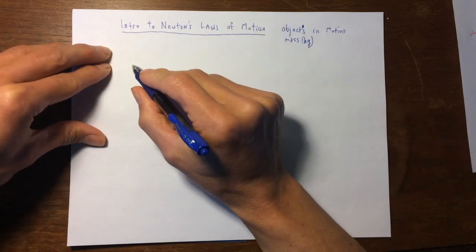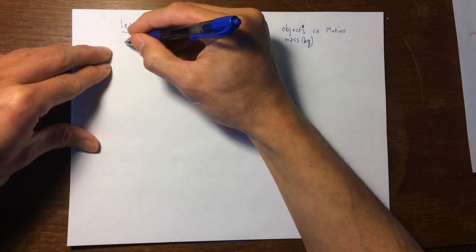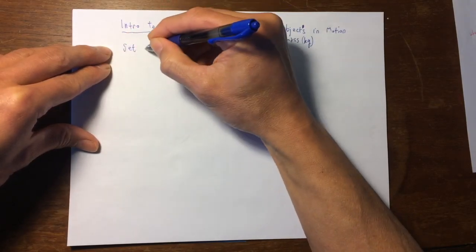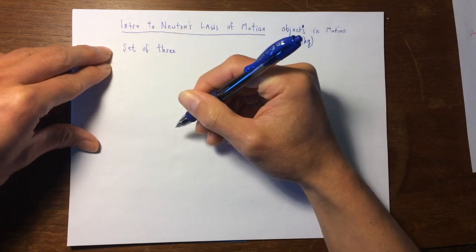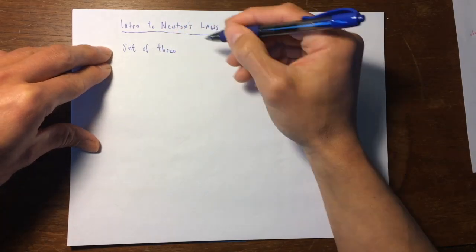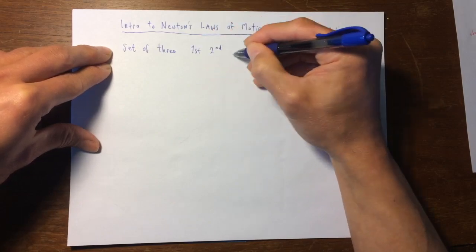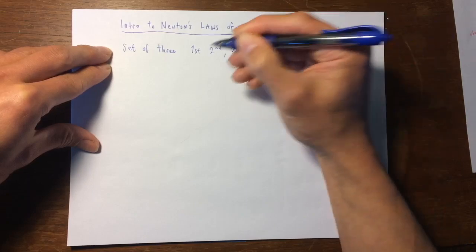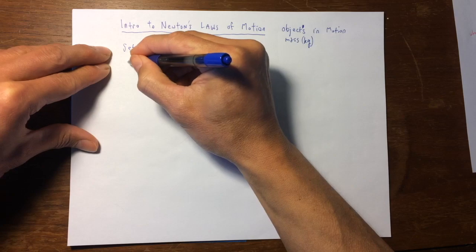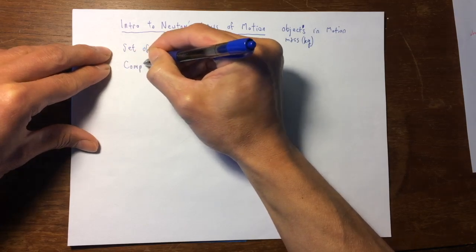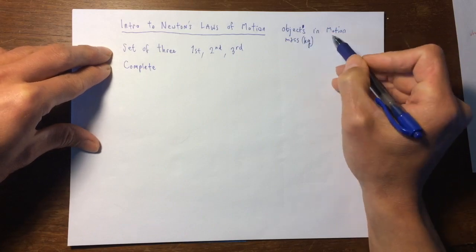So these laws of motion that Newton came up with, there are three of them. They come as a set of three, and they're referred to as the first law, the second law, and the third law. It's interesting to point out that they are a complete description of how to think about objects in motion.